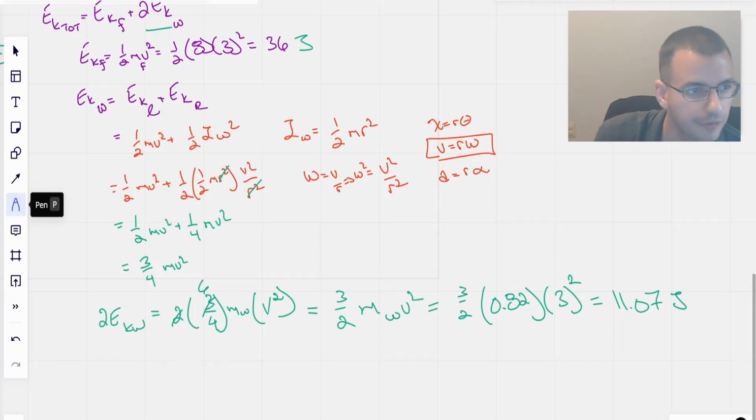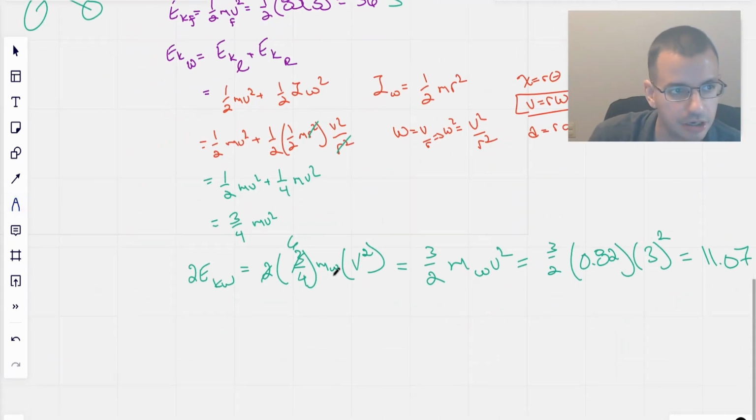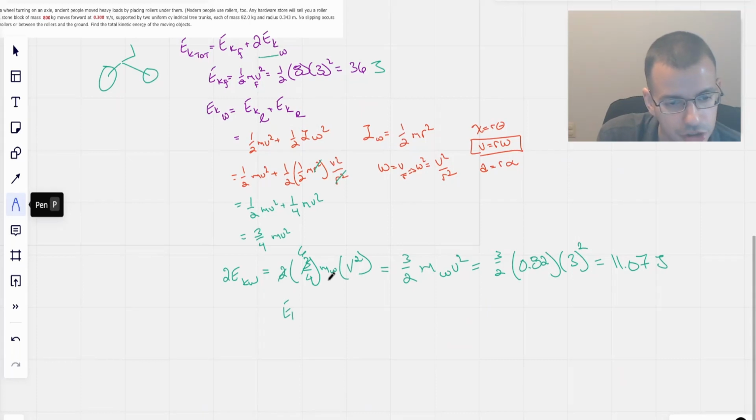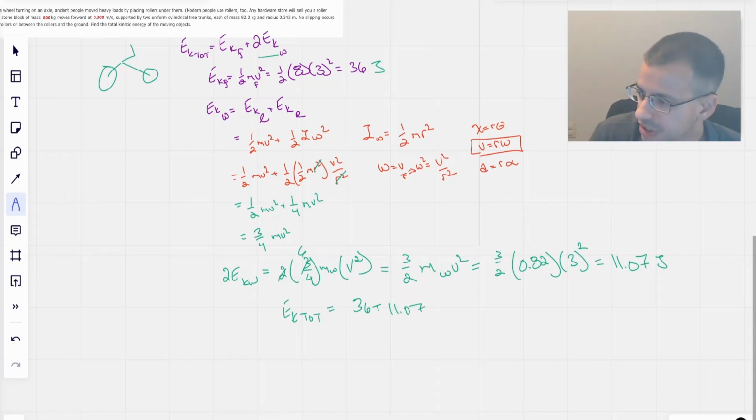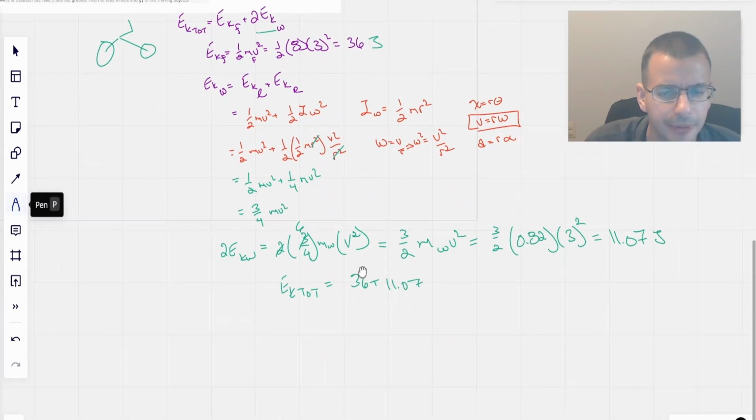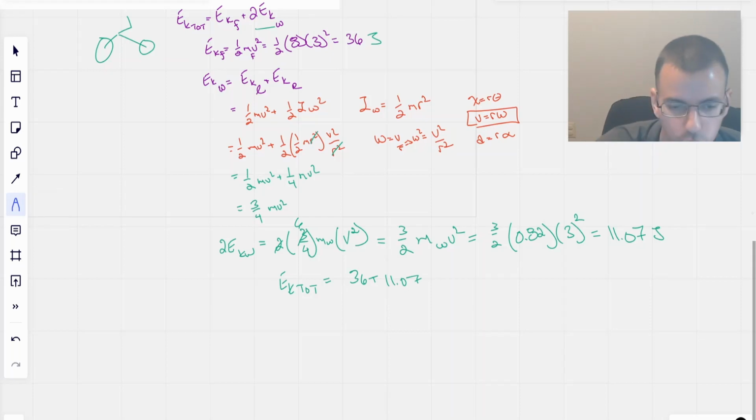So going back to our original equation up here, energy kinetic total is therefore 36 plus 11.07. And you notice how the radius of the wheel doesn't actually matter in this case.